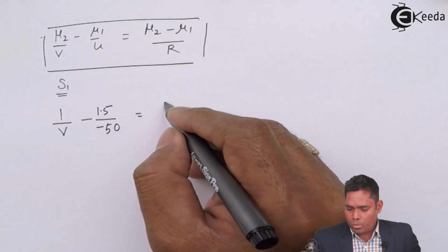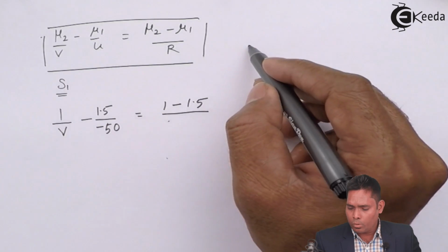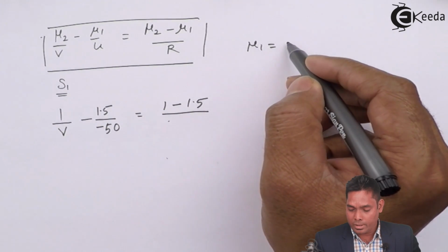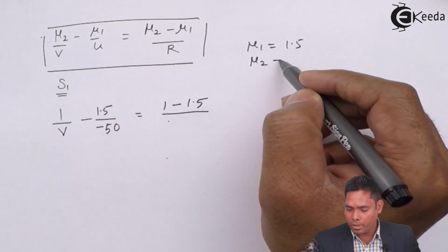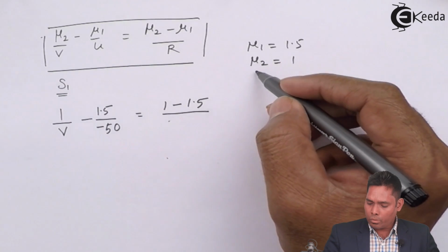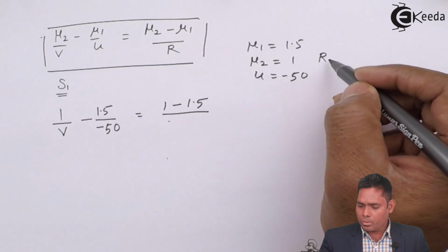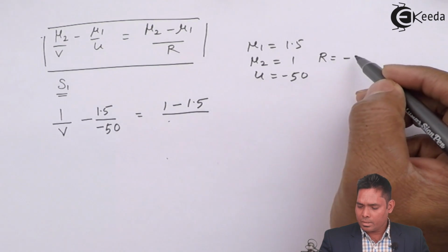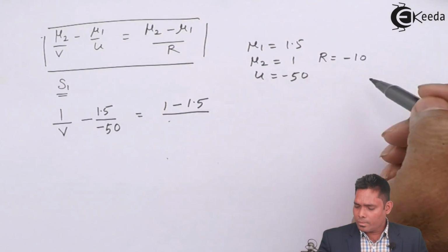This is equal to 1 minus 1.5. Putting the values, mu1 you have to take as 1.5 and mu2 here you have to take as 1. U you have to take with sign, which is minus 50. R we have to consider as minus because it is lying to the left, so it's minus 10.